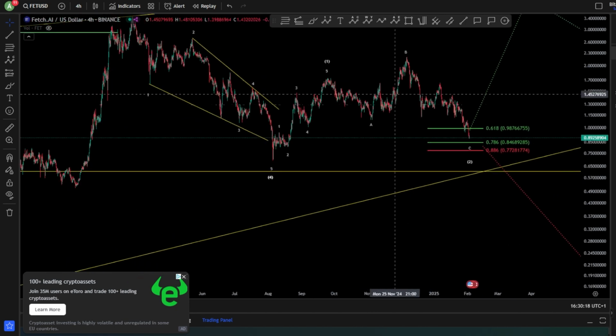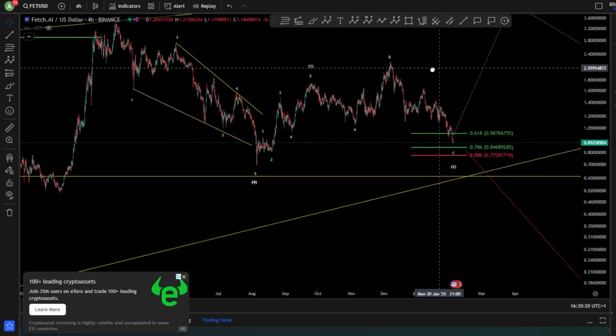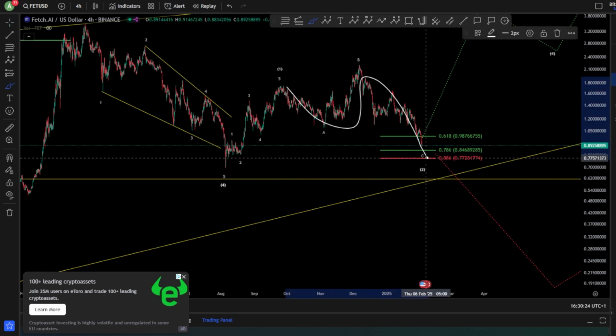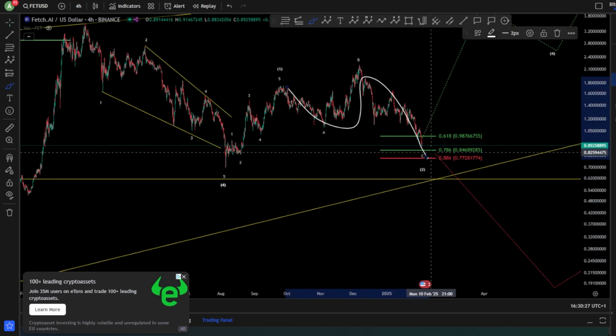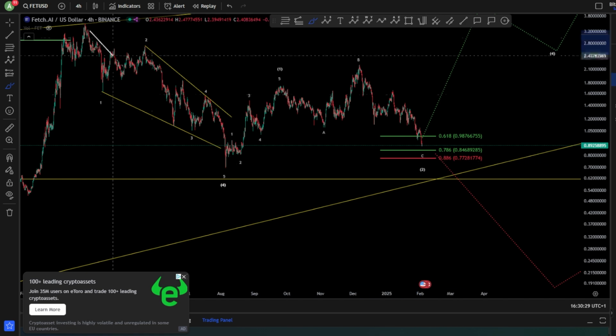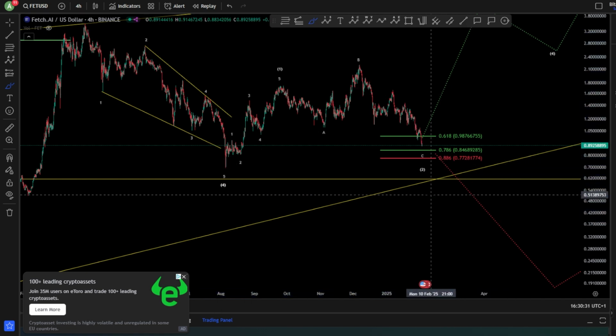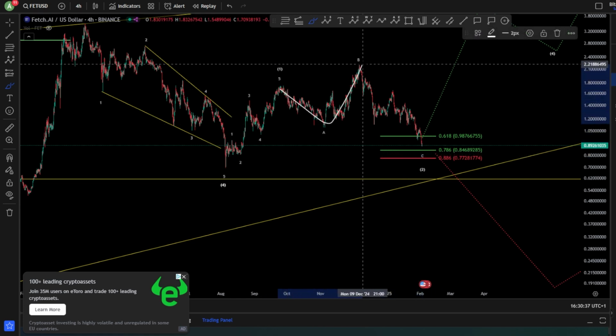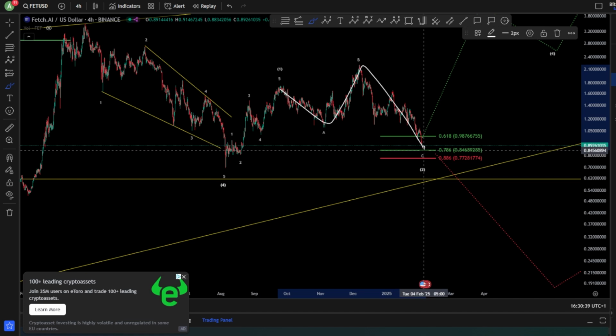It is already an expanding flat, so I think it is more than enough to be corrective. So I don't know why it would like to take the 886 in a wave C. Otherwise, it is impulsive toward the downside. If you tell me we are in a zigzag ABC and it's very close, I would say okay, but it is an expanding flat in case it is wave 2.